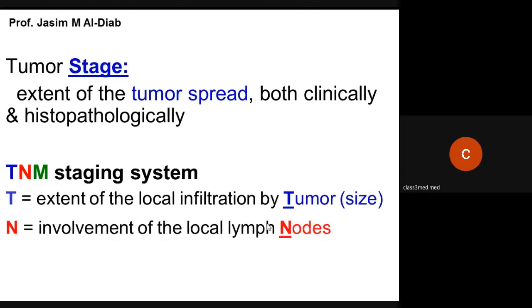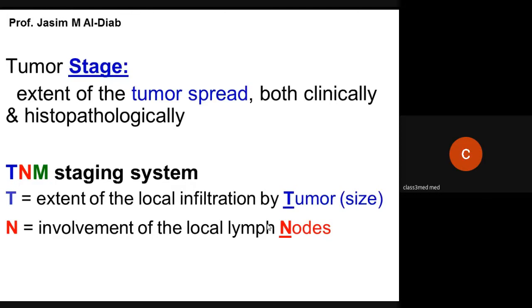The N parameter refers to the number of local lymph nodes involved by the tumor secondaries. For example, carcinoma of the breast metastasized to the axillary lymph nodes. This is within the normal lymphatic drainage of the breast. When the number of lymph nodes involved is up to 3, we call it N1.